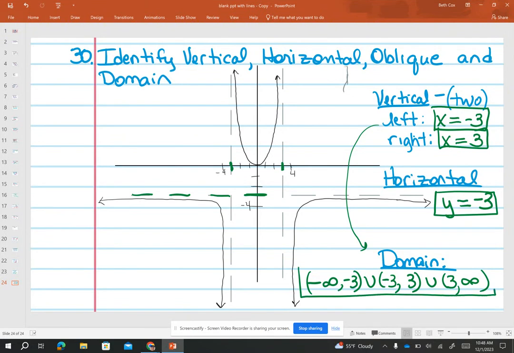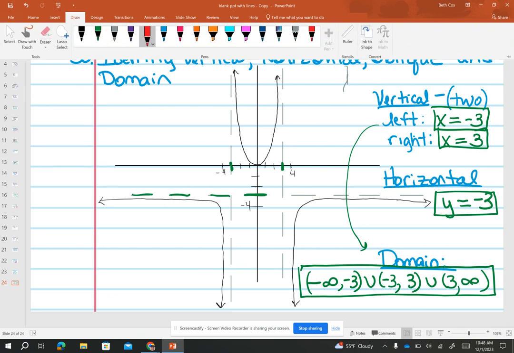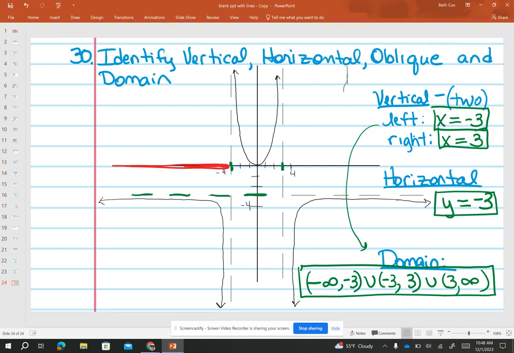There's my domain. Because my domain has these gaps. That's part of it. That's the domain, and that's the domain. So check out your domain in red. Okay, skipping the negative 3 and skipping the positive 3. We have gaps there. So that's the domain there.